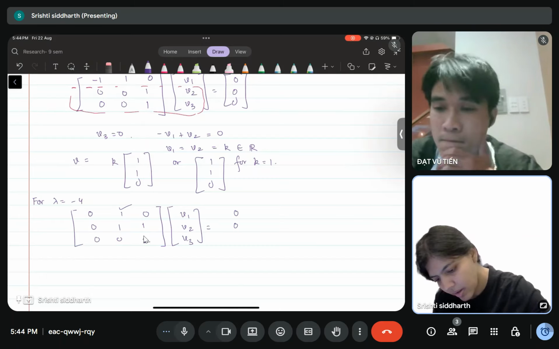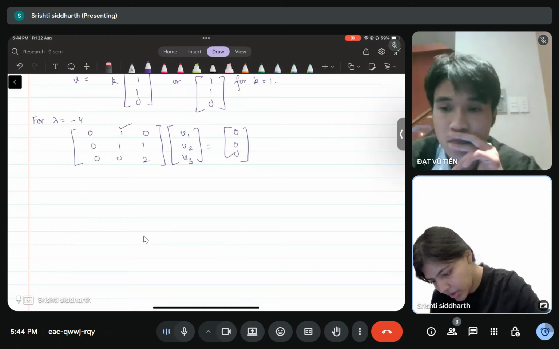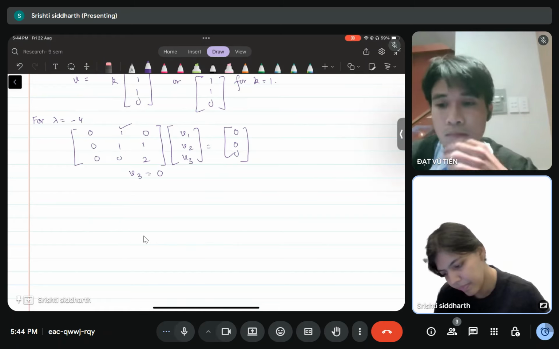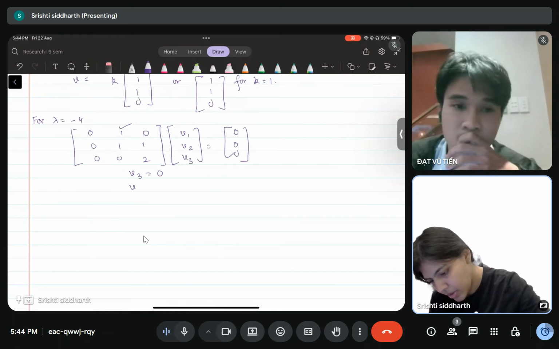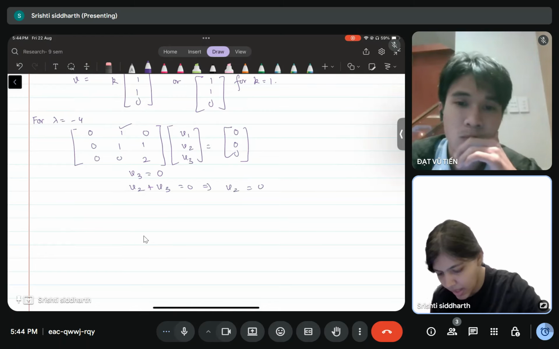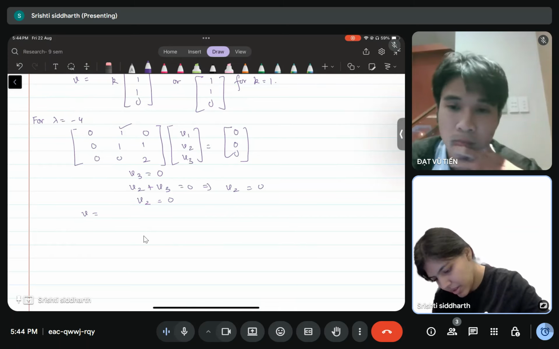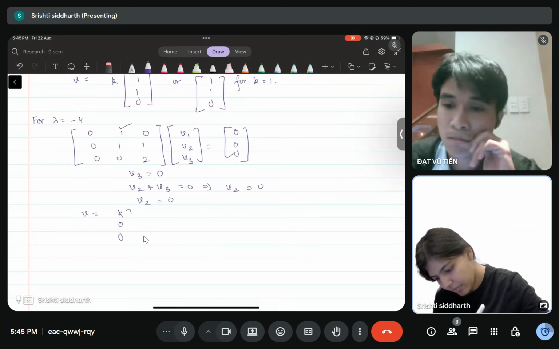So let's see. From the third equation, it's v3 equals 0. From the second equation, it's v2 plus v3 equals 0, which is simply v2 equals 0. And the first equation also implies this. So v is k, 0, and 0.